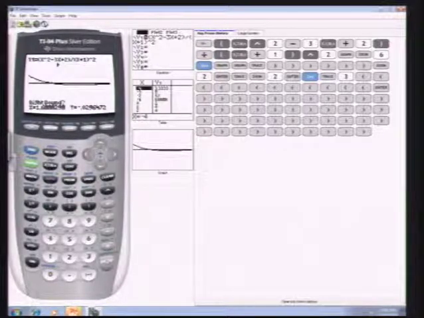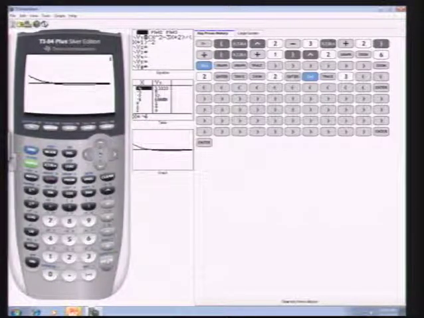And hit enter again. And now let's see what we have. We have the minimum point as x of 1.4 and y as negative 0.04. So (1.4, -0.04) for us.